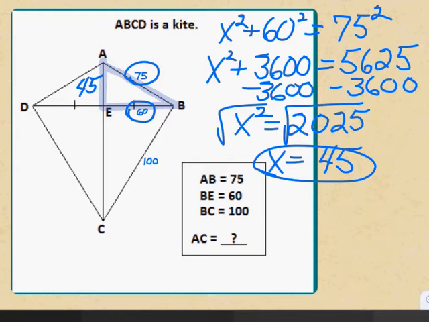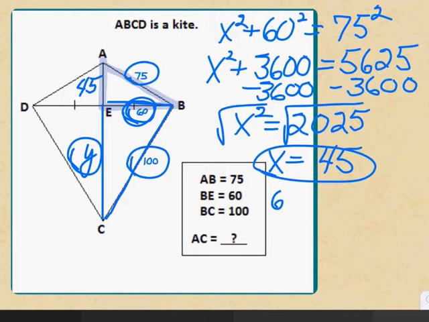Then we can look at the triangle at the bottom, and we have two out of those three sides given, and therefore we can use the Pythagorean theorem and say 60 squared plus, we'll call it y this time, y squared equals 100 squared.